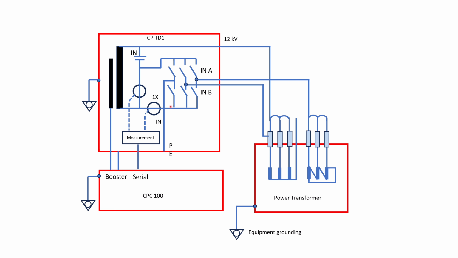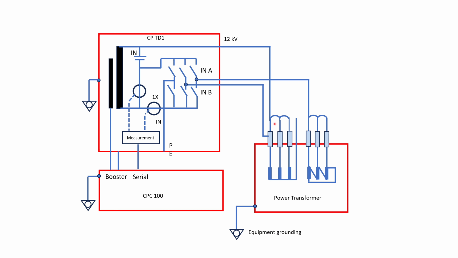So this is CP TD1, this is CPC 100, and this is a power transformer. We have to measure the Tan delta of this power transformer. Here you see these two instruments are connected through a communication cable and a booster cable. This is the instrument protective guard earthing or grounding. This is the equipment grounding of the transformer.